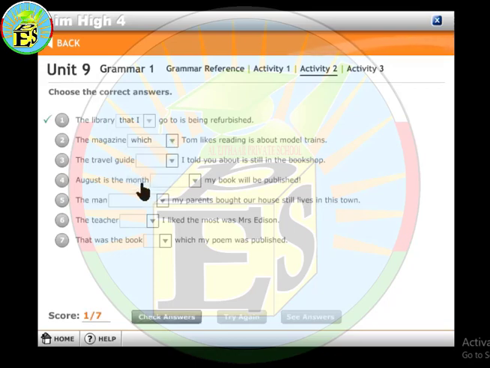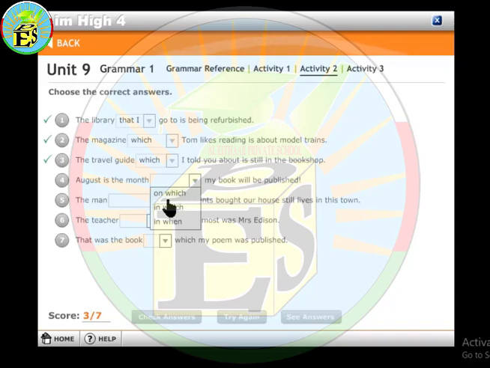Correct. The travel guide space I told you about is still in the bookshop. The travel guide I told you about is still in the bookshop. Which, whom, in that. Which. Correct.